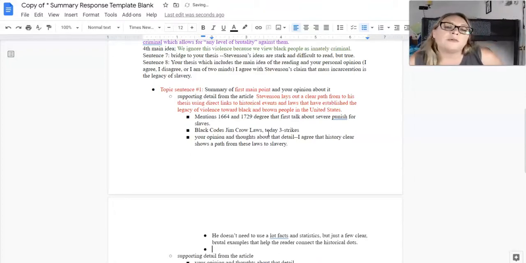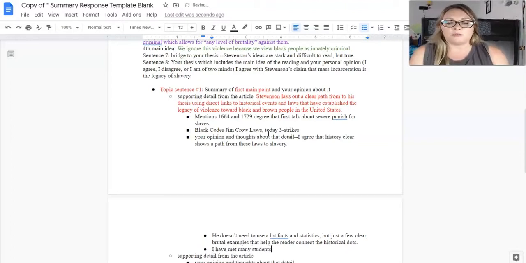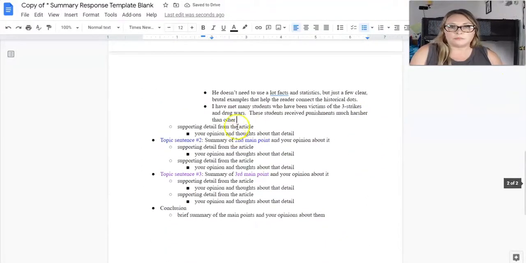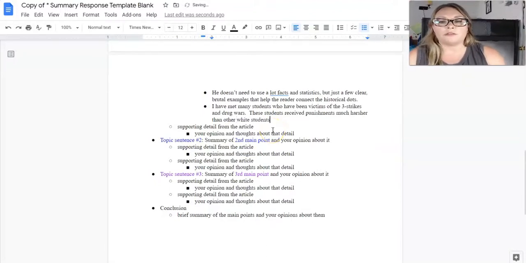And then I also want to say, is there some other thing in my life where I have seen this? I probably would say something like, I have met many students who have been victims of the three strikes laws and drug wars. These students received punishments much harsher than the white students that I have known, let's say.